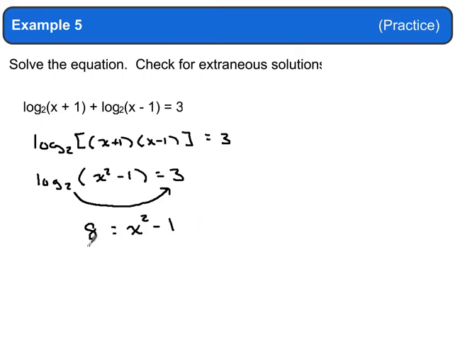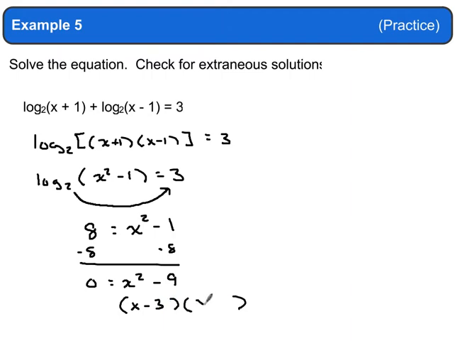We can minus 8 on both sides. So now we get 0 equals x squared minus 9, which is a new difference of squares. And we can factor that into x minus 3 and then x plus 3, so our potential answers are x equals 3 and x equals negative 3.